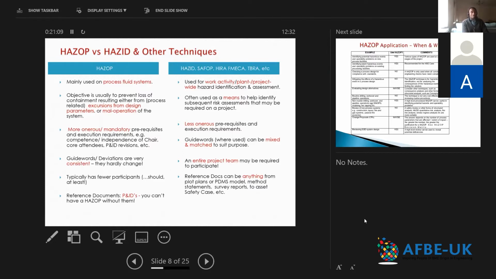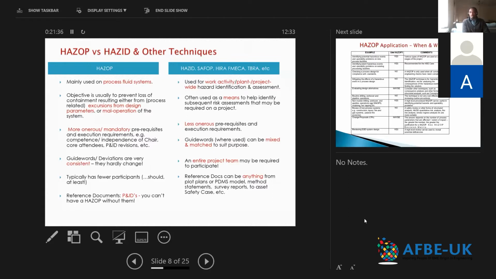Whereas other risk assessment techniques are often used as a means to help identify subsequent risk assessments that may be required. Typical for that is the HAZID. The HAZID most times, because it looks at things from a much higher level, leads you into doing other studies, which, if there are any safety engineers in the audience, as I'm sure there are, Justin, you're there.